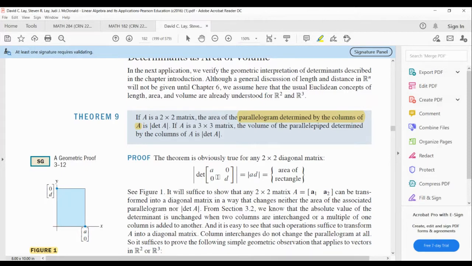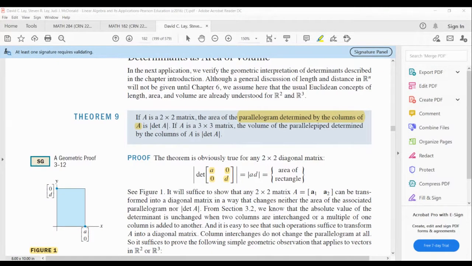If you form a matrix A whose columns are those vectors, the determinant of that matrix is equal to A times D. And if you take the absolute value of A times D, in this case, since A and D are positive, you wouldn't need the absolute value, but the determinant is equal to the area of the rectangle, base times height.